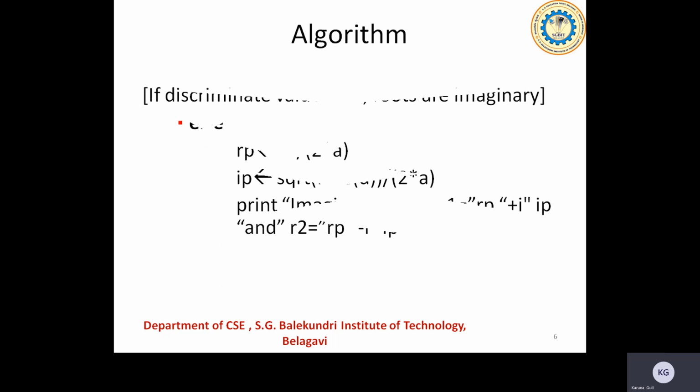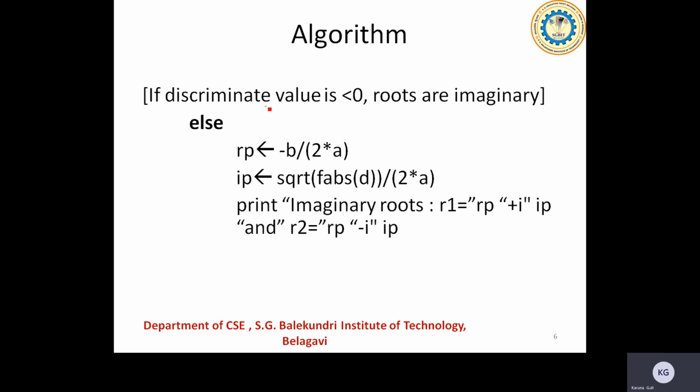Next case is the else part of this. You already know the discriminant value is less than 0. So less than 0 tells us that the value under the square root is a minus value, so we will be getting imaginary values. That's why we are interested to find the real part and the imaginary part separately, and whenever we display the results, we'll be combining those and displaying it.